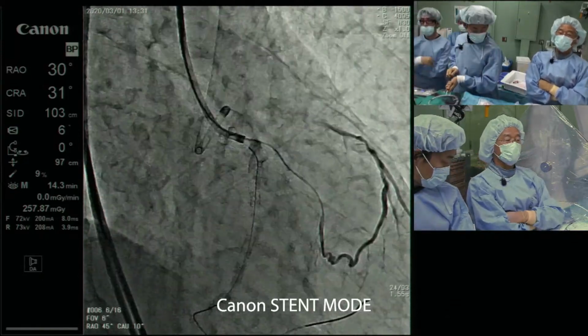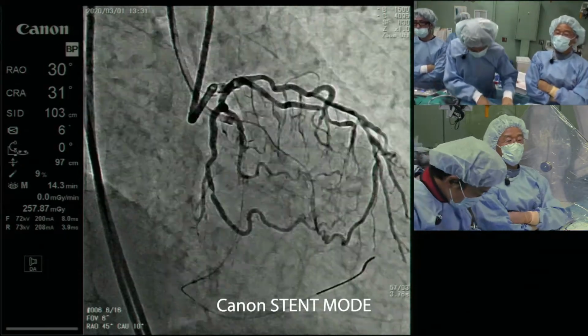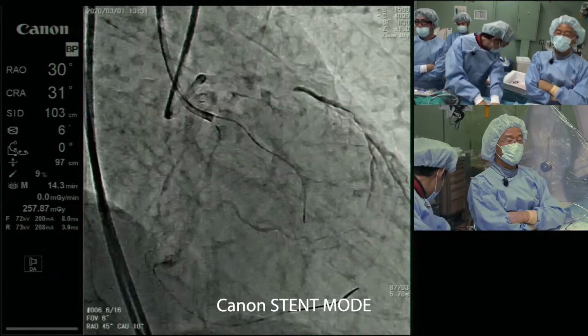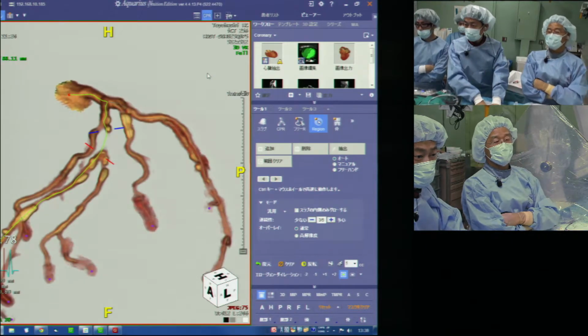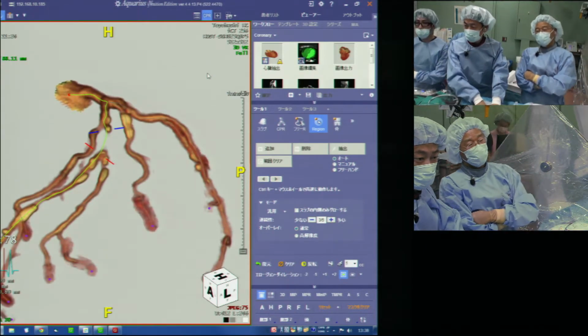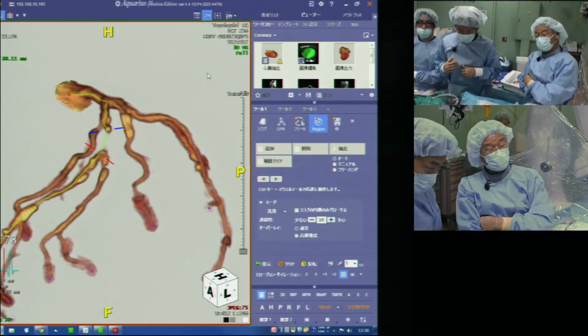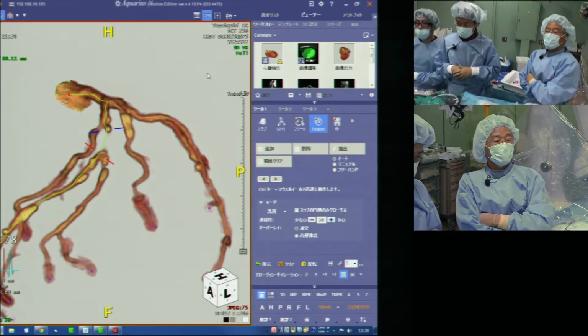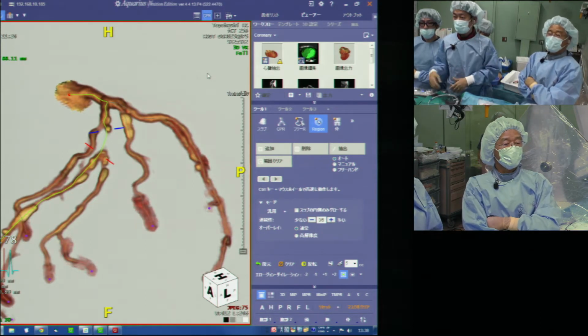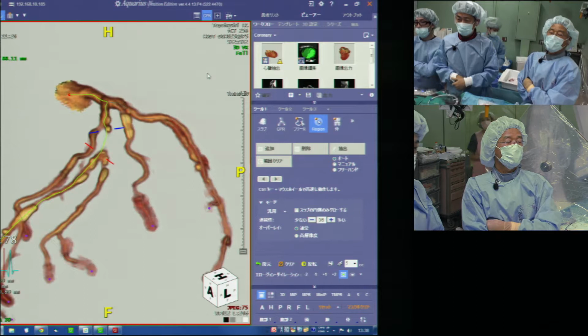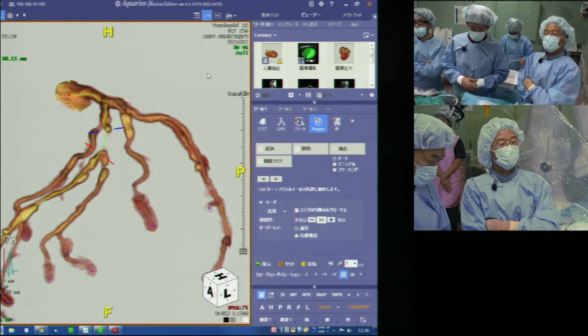But the collateral from the separated conus branch reveals the CTO exit. It's very clear. So to enter the CTO, we will try IVUS-guided wiring, and also to cross this CTO, we will use IVUS-guided wiring.